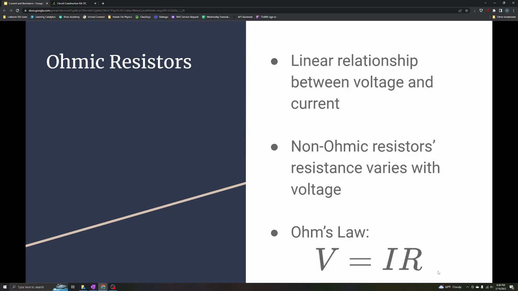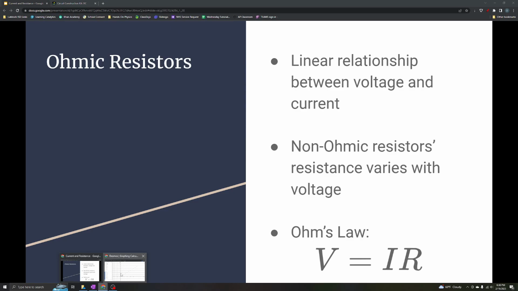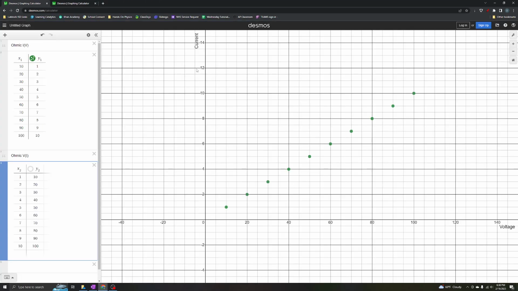Now I want you to notice that this is not exactly the graph that I put before, because my graph was basically current as a function of voltage, because that's the way that I collected the data. But I could easily reverse it. So let's go look at that graph reversed real quick. So if I come back over here, you can see I've got voltage and current here. Well, this other graph, I'm going to turn off the green one.